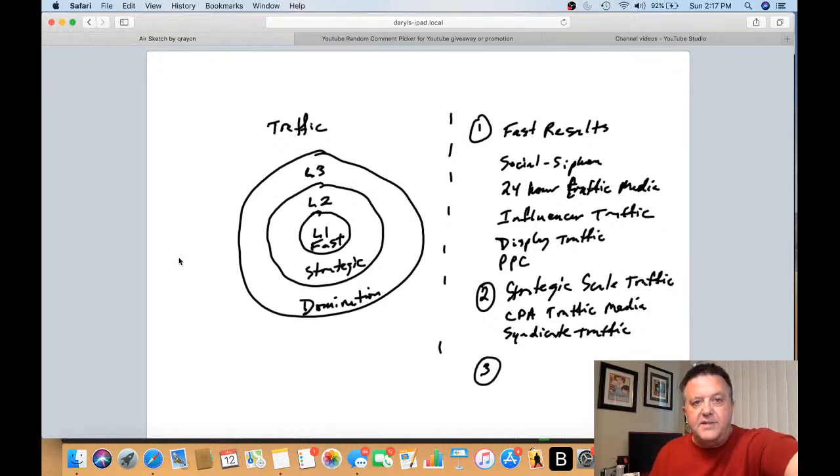And the third level is called domination mode traffic. Now, this is the way that you can literally dominate any space that you're in. And this doesn't mean that you're taking it away from anybody else.